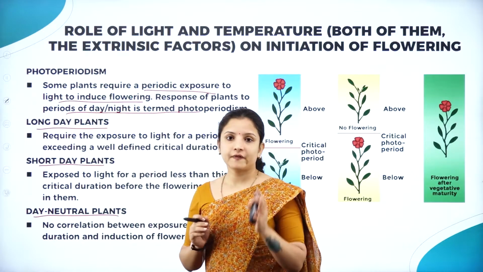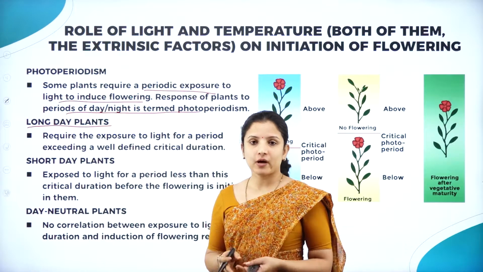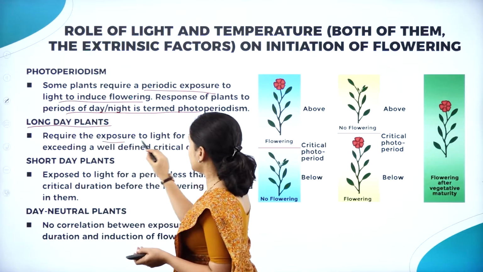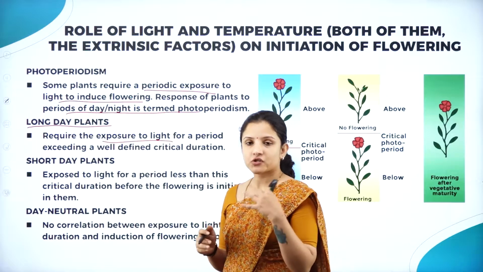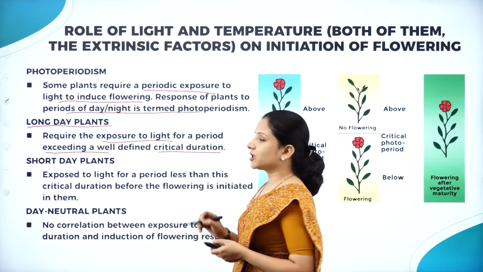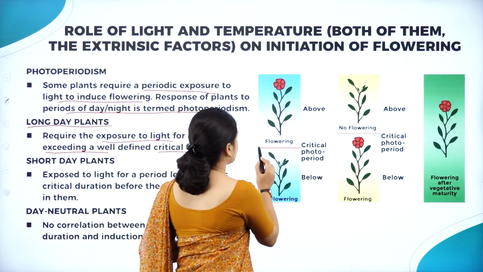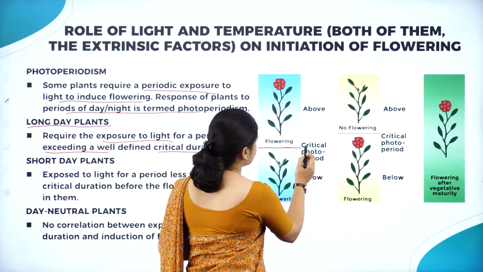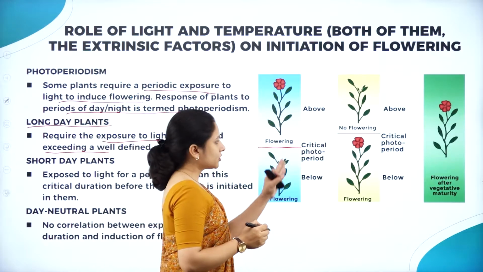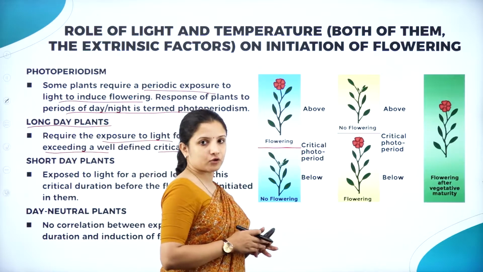Here we'll first talk about long day plants. Long day plants usually require exposure to light for a period which exceeds the critical duration of that particular plant. If you can see here, they have marked a red line which is called the critical photoperiod. This is below the critical photoperiod and this is above the critical photoperiod.